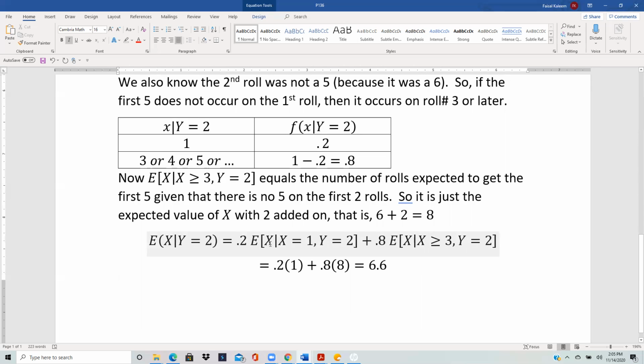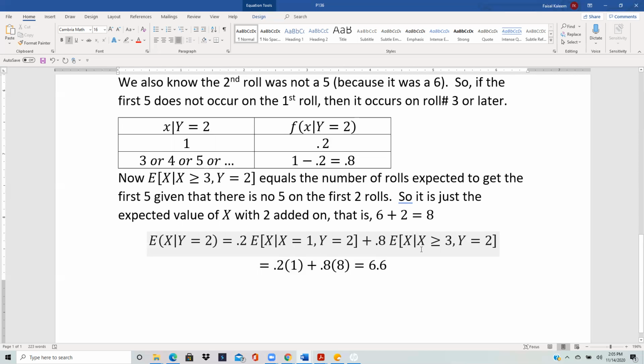We know the expected value of x given x equals 1, y equals 2, is basically saying that the value of x is 1 then. Because this is when the 5 happens on the first roll, so x is 1, and so its expected value is 1 here. And this one needs to be calculated, the expected value of x given x is greater than or equal to 3.